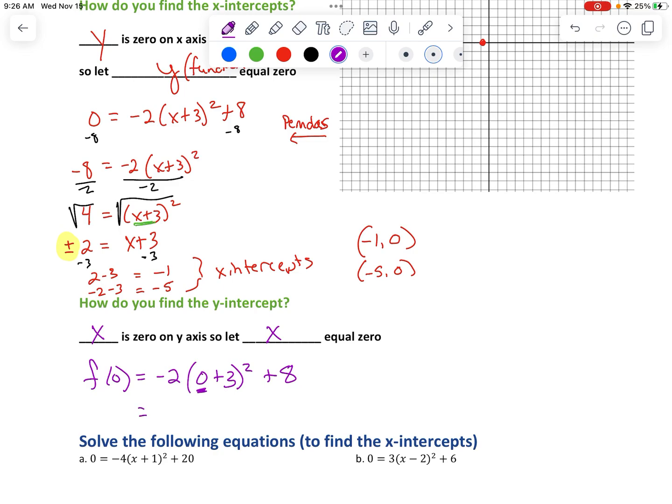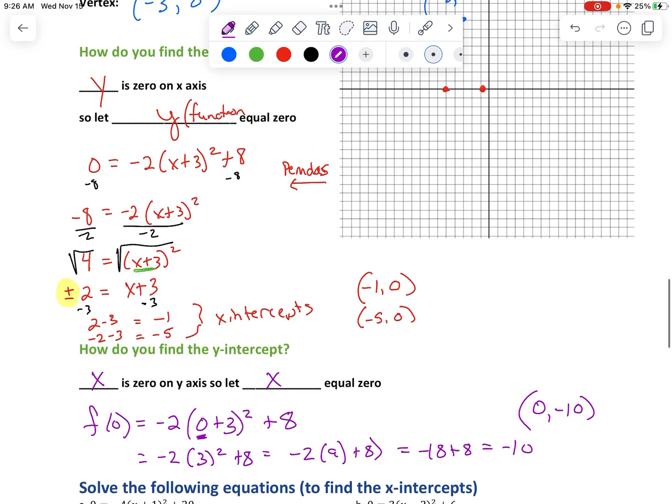So we're just putting that 0 in. So this should be a little bit easier to solve. So -2 times 3 squared plus 8, -2 times 9 plus 8, -18 plus 8, which is -10. So when x was 0, y was -10. So I'll plot that.